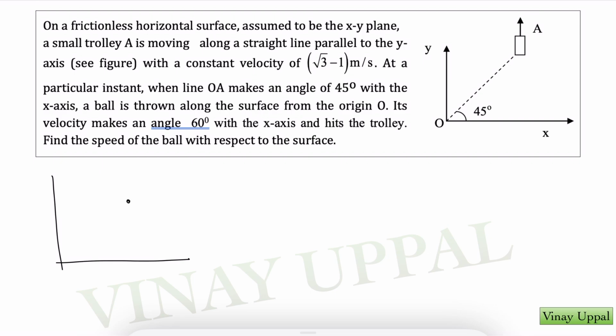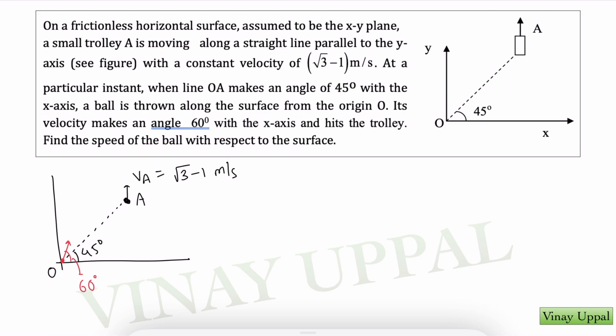So I have my trolley A moving with some velocity, let's say VA, which is given to us as √3 - 1 meters per second. And at the instant OA makes an angle of 45 degrees, a ball is thrown at 60 degrees to the x-axis.